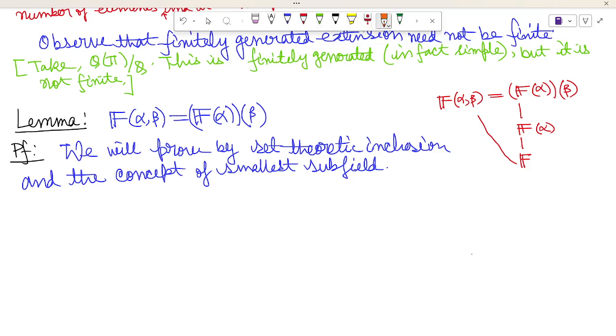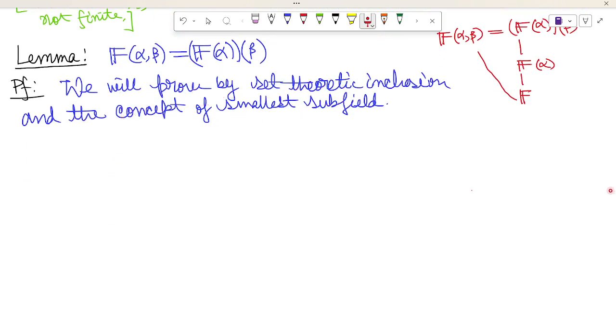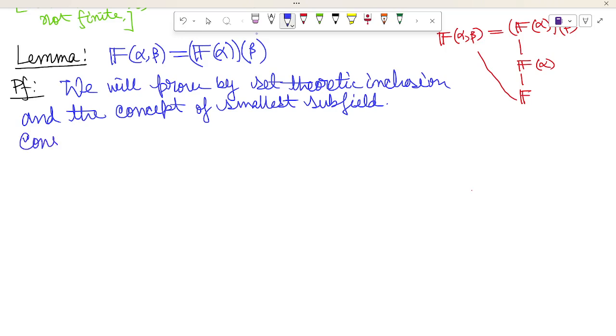Remember, what is the smallest subfield containing F and alpha? Smallest subfield. This is this thing. Now, consider F alpha, this thing over beta.